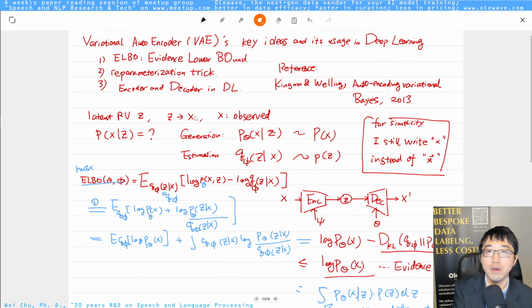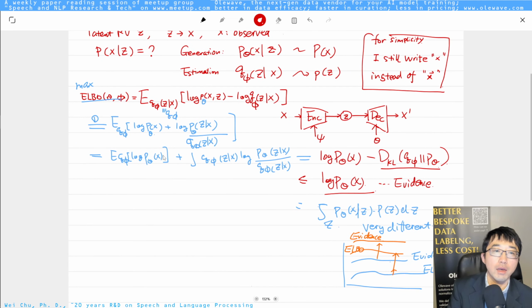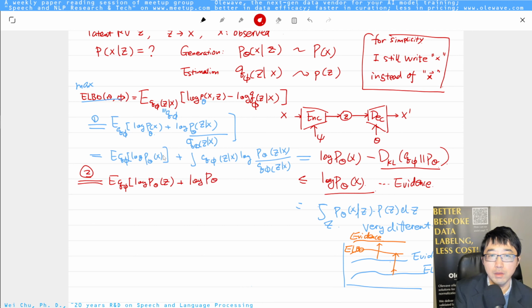But how this is actually computed in the actual VAE is done in a second approach, a second way. So you can see, let me write down this: log p theta of z plus log p theta of x given z over q phi.